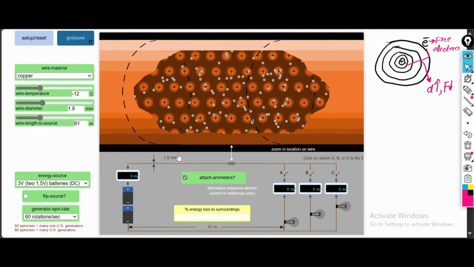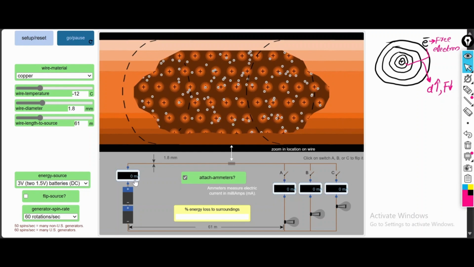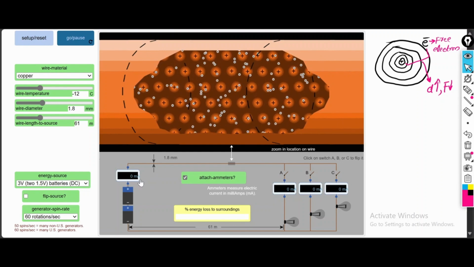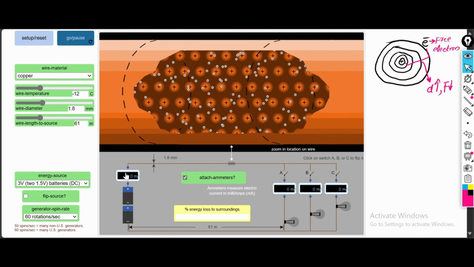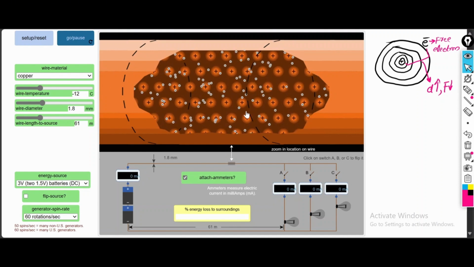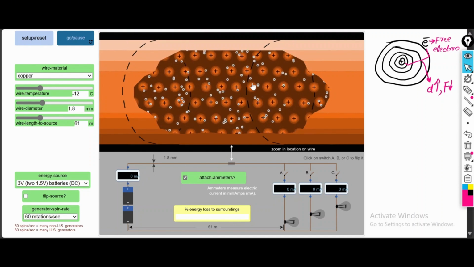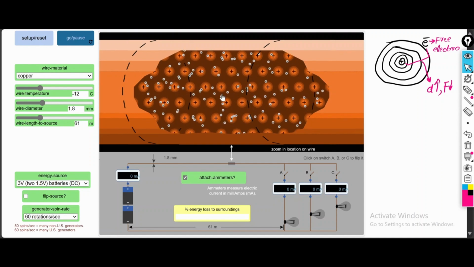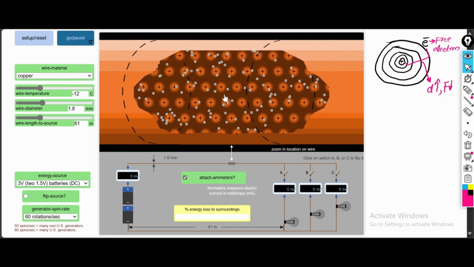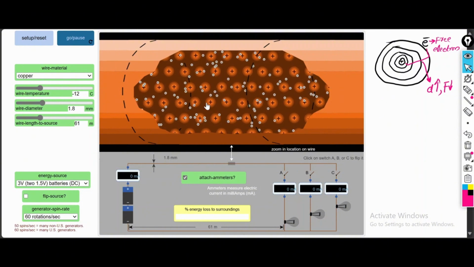Therefore the current in this wire is 0 milliamperes on the ammeter. And when the current is 0 milliamperes, there is still motion of these free electrons, because these free electrons are not at rest.